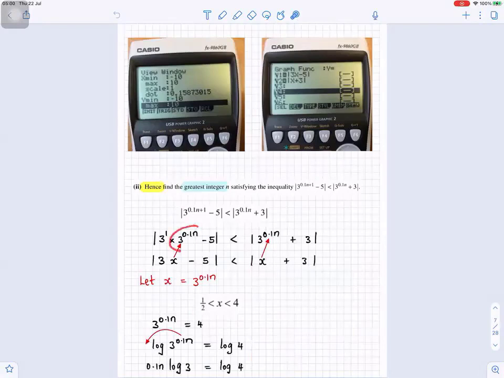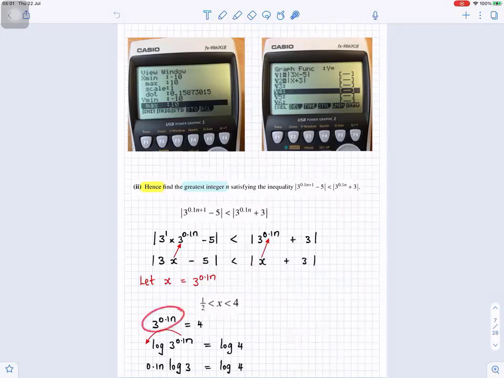If we put 3 to the power 0.1n to be x, so that's just like 3x minus 5 is less than x plus 3, similar to what we were doing before. And that was the answer, a half less than x less than 4.